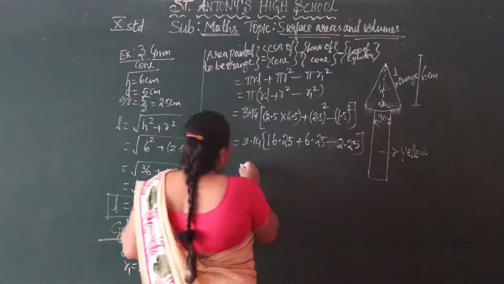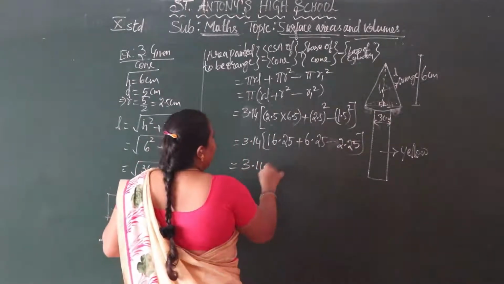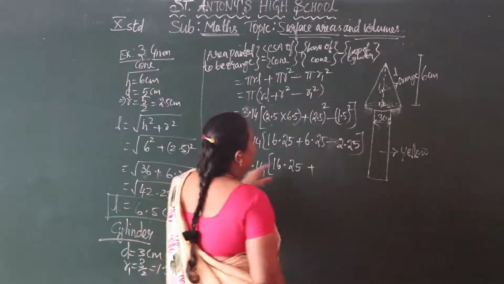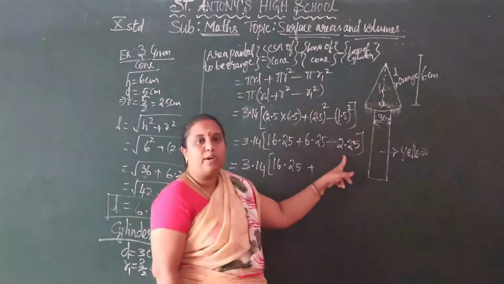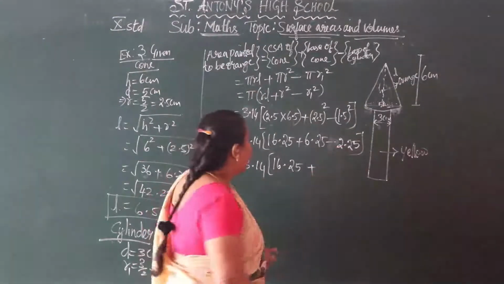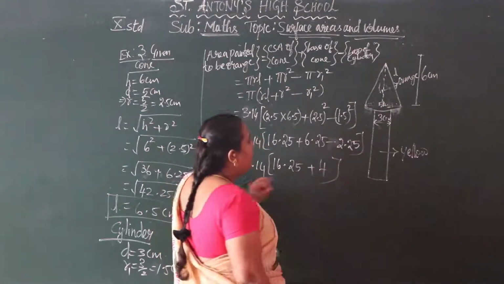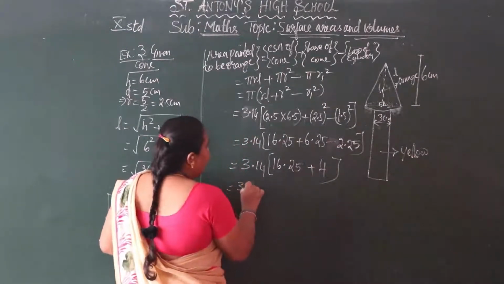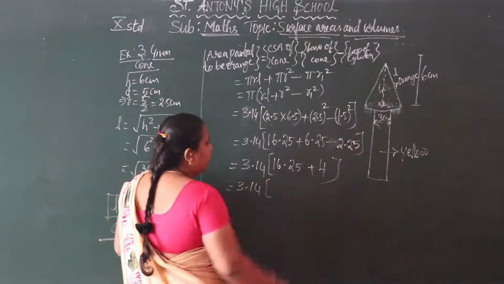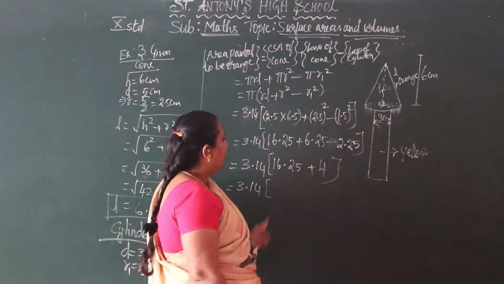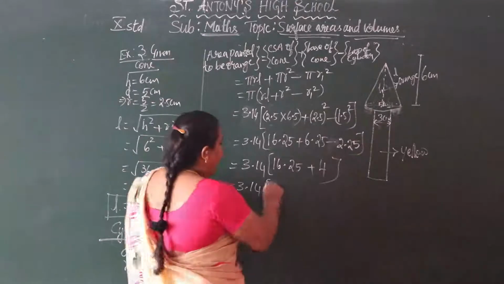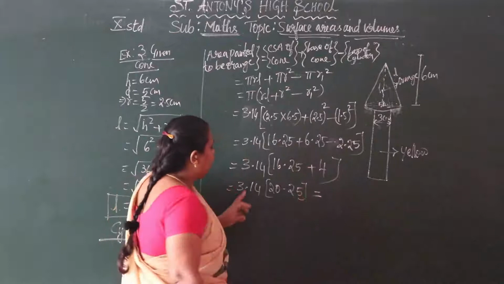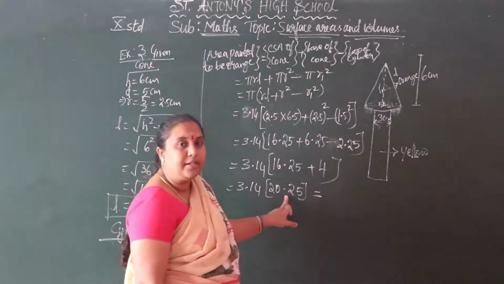So here we have 3.14 into 16.25 plus 6.25 minus 2.25, which is 20.25. So we have to multiply 3.14 into 20.25.